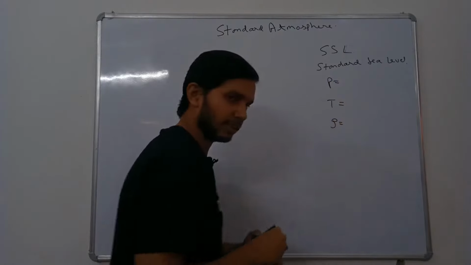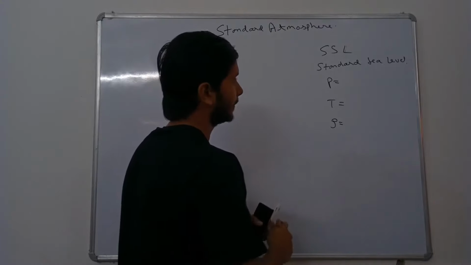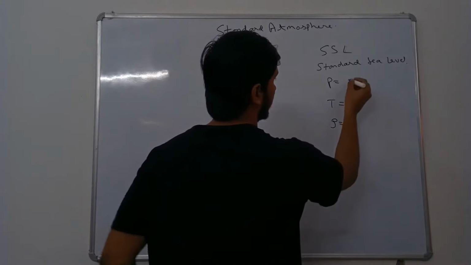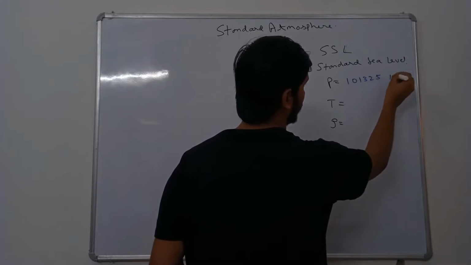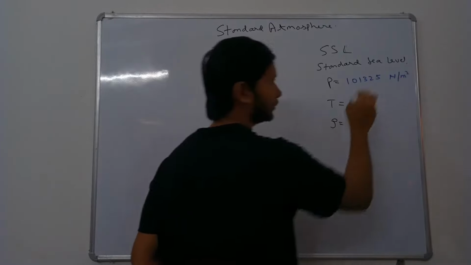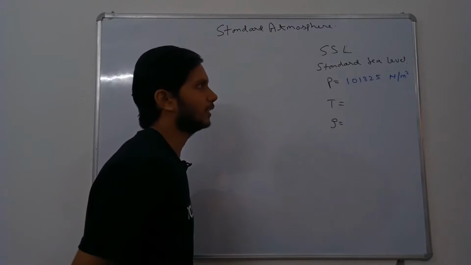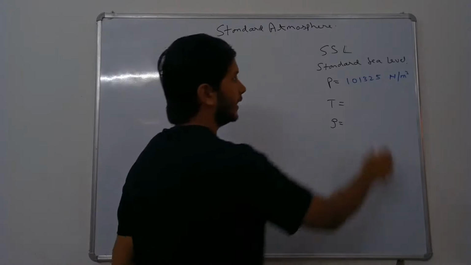Let me tell you the standard values. The pressure is 101,325 Newton per meter square, the exact value.